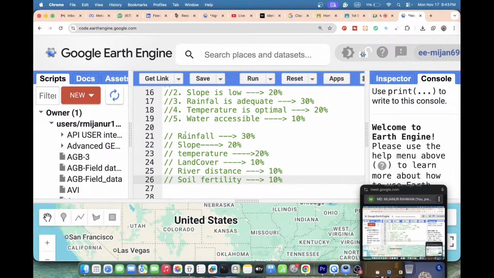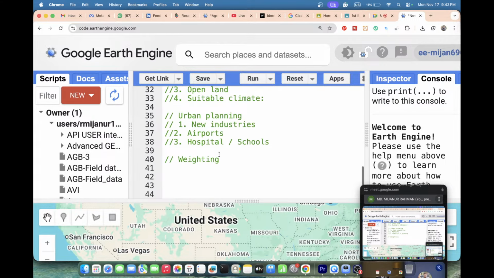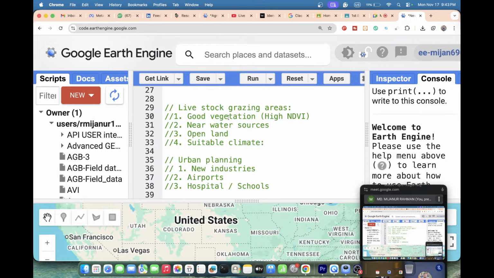So we simply create this type of factor: rainfall, slope, temperature, land cover, river distance, or soil fertility, as well as, suppose, same process, good vegetation near the water resource, open land, suitability. Then we set the importance. Okay, importance is mainly weight. So we simply add the weight. Suppose I put this weight for that 40%.